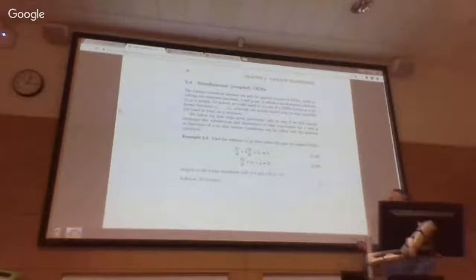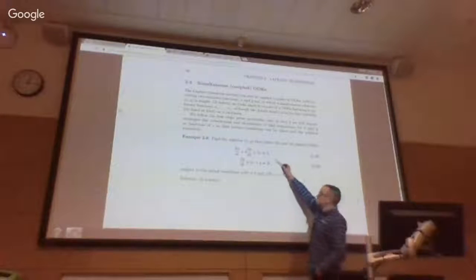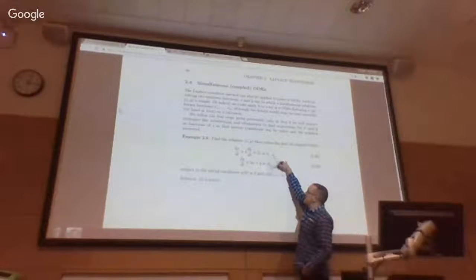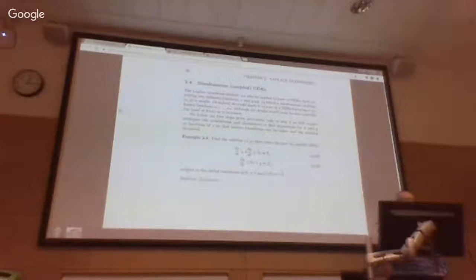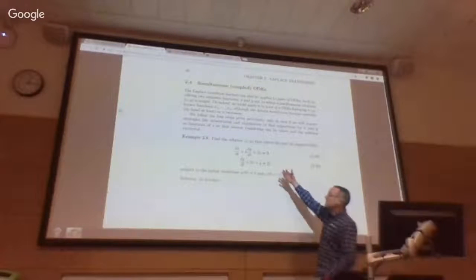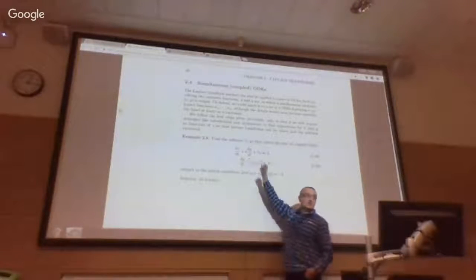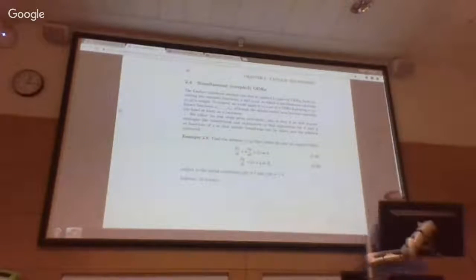They've got easily understood functions on the right-hand side, namely a constant or a multiple of t. You can take those transforms, no bother. So there's nothing else really that we need to be able to solve this. We can apply the very same process that we applied to a single ODE to this pair of coupled ODEs. So there are two things we're hunting for here: the function x of t and the function y of t.